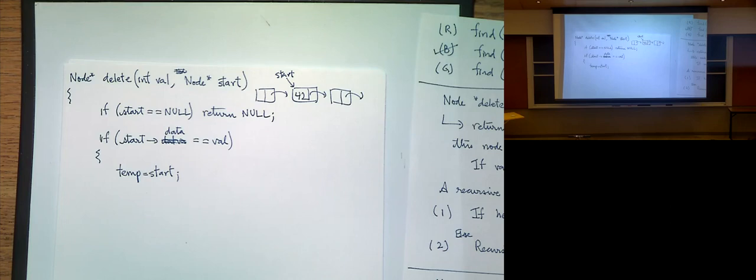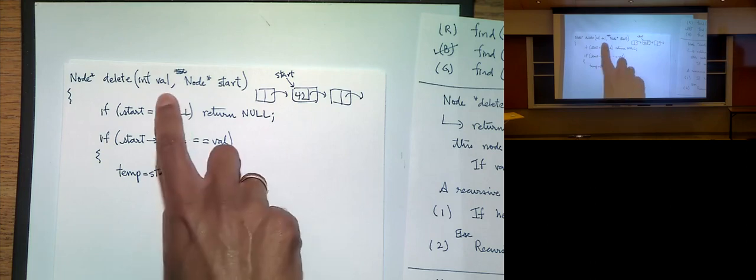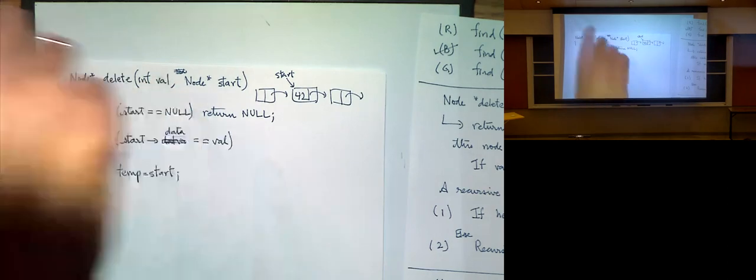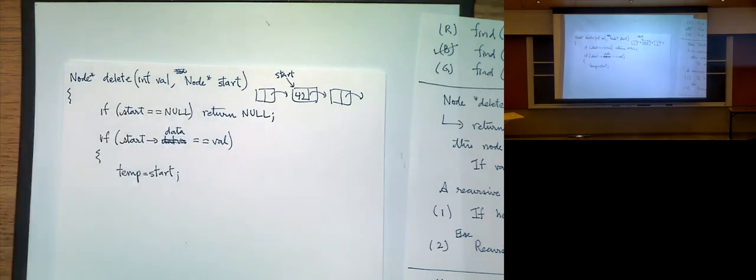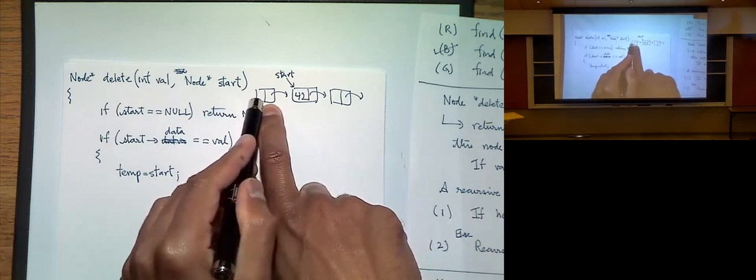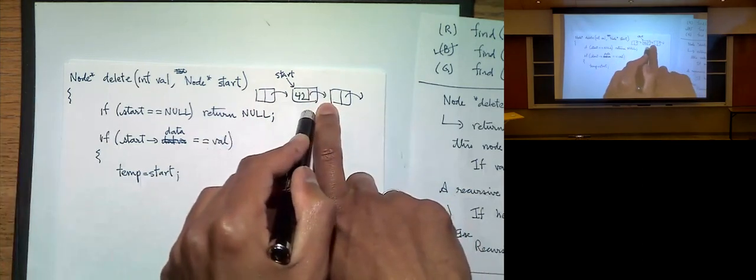You could just pass in head, exactly, and that would take care of that. Anybody else? Right? So what you need is, you really need the node to the previous pointer. You need a pointer to the previous node than the one that you're going to delete, right?